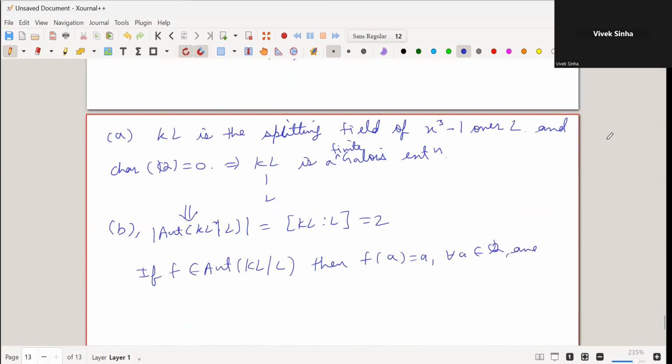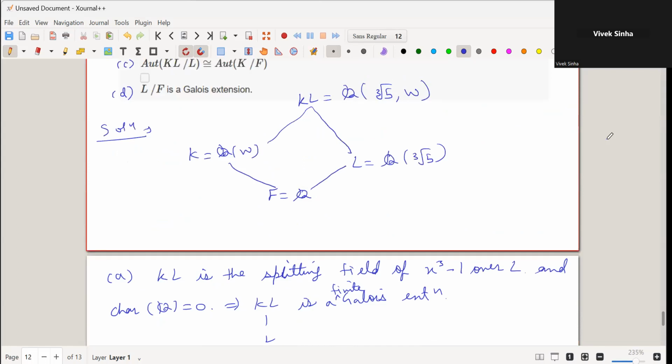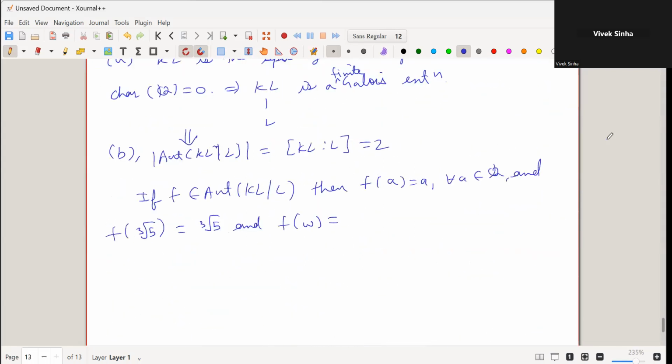And f of omega should satisfy the minimal polynomial of omega, so it can be omega or omega square. So these are the two possibilities, right?